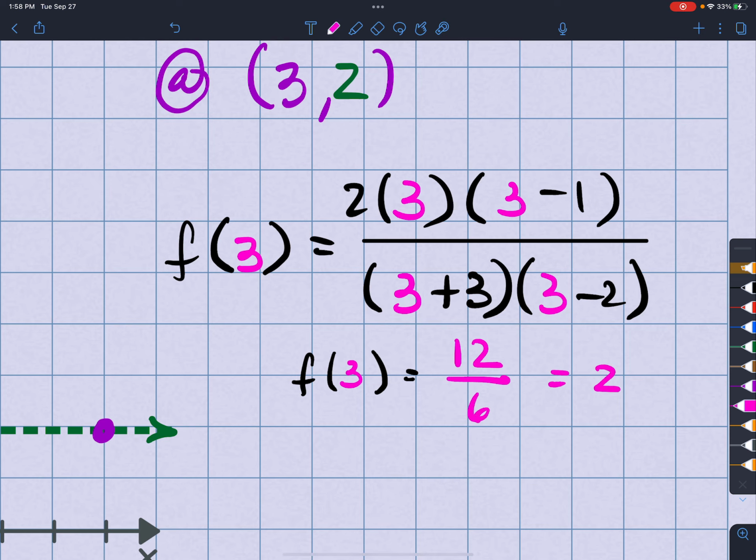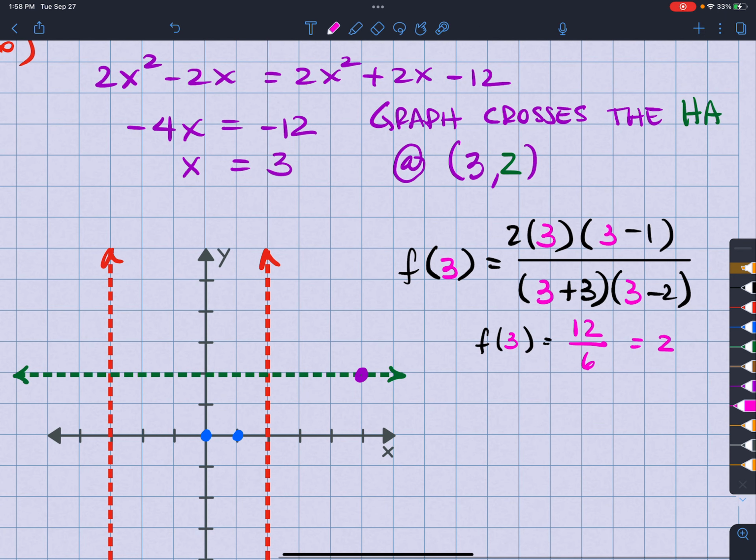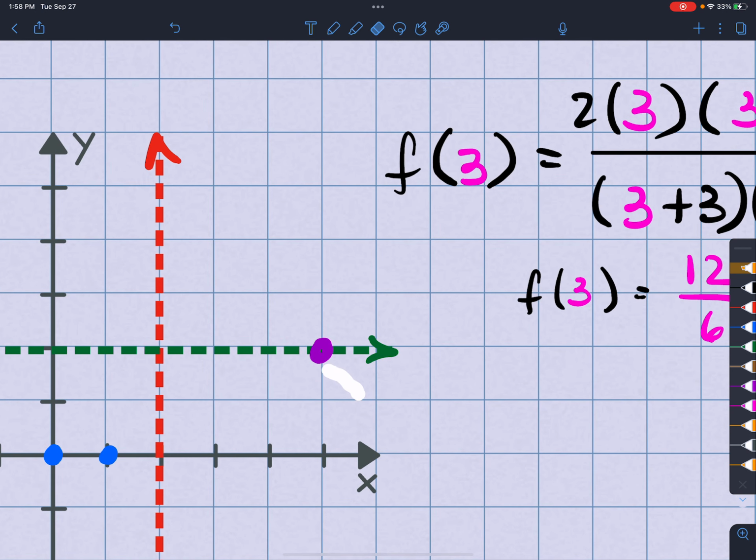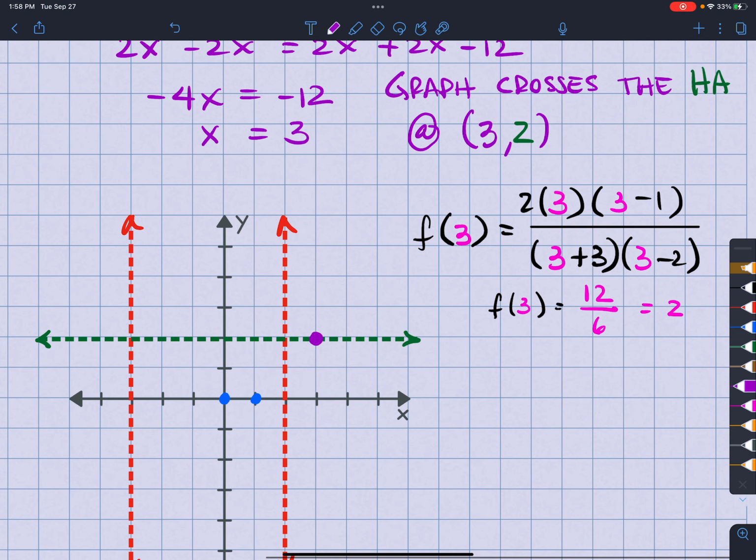So that's going to be 2. Oh shoot, we already knew that. I just plotted this point incorrectly. This is supposed to be 3, 2, which is this point here. So I can't use 3. Well, let's use 4. Why not? Let's see what happens with 4, because the backside also helps.